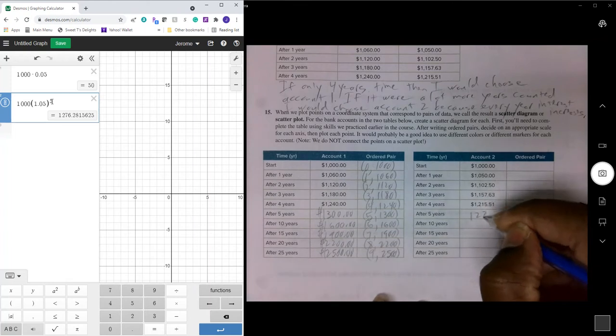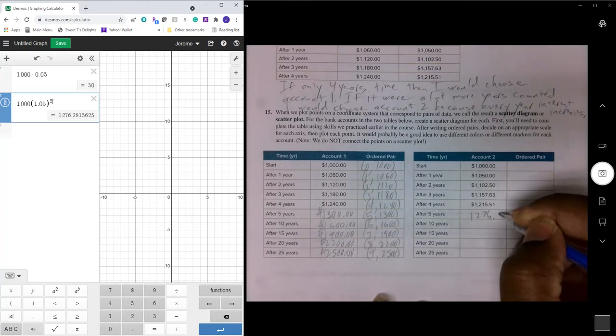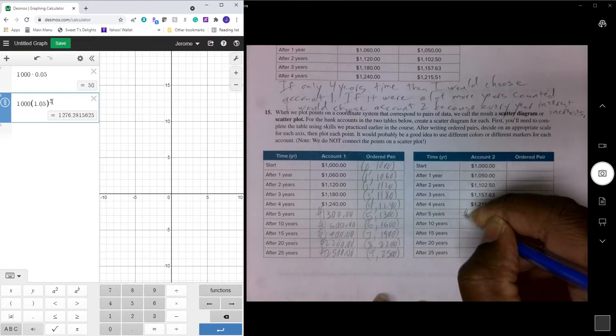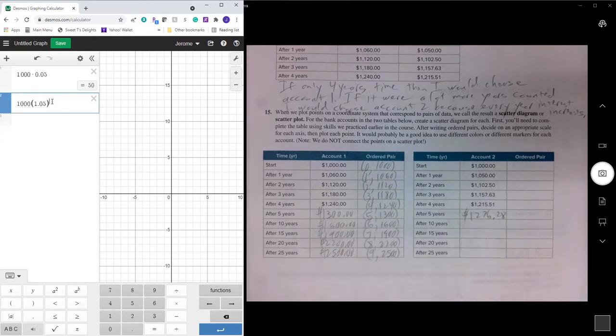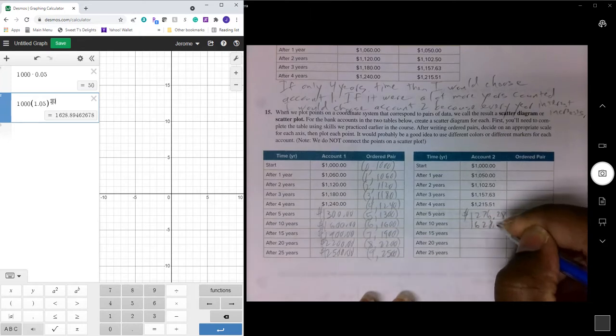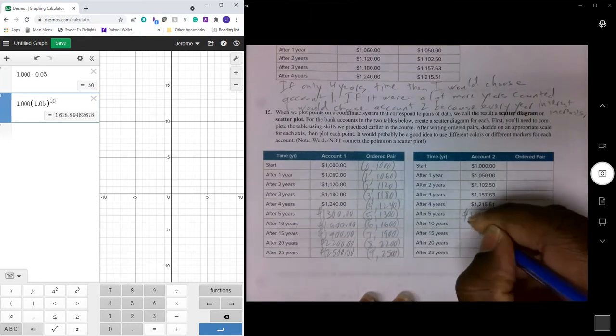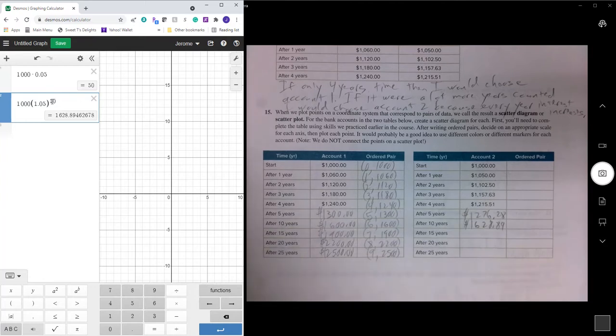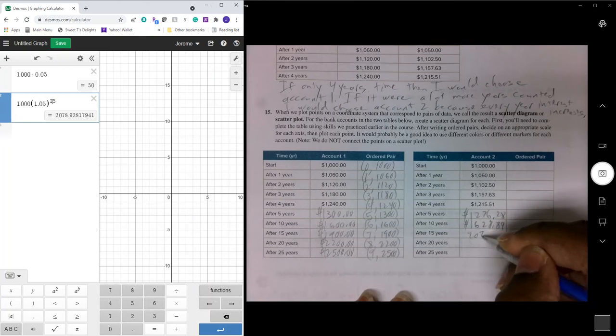So that'll give us 1276.28. Then we change that 5 to a 10, and that'll be 1628.89. Change that 10 to a 15, it'll be 2078.93.